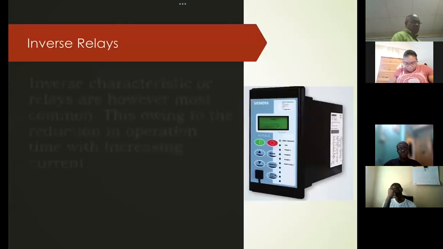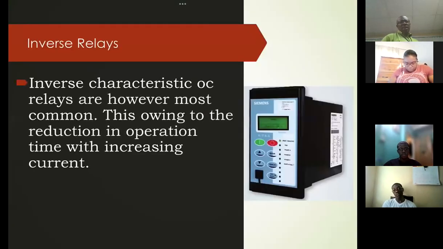And for your inverse relays, obviously they have the greatest utility in our power systems. So you'll find them used mostly in our power systems. The others are usually in industrial settings. But for your power system, of course, as the current increases, you want the operating time of your relay to be reduced.